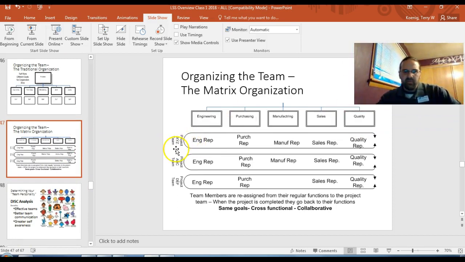So if you have projects XYZ, ABC, DEF, you might want to run these all at the same time and steal 3 engineering reps. Take this engineering rep, then take another one, and take a different one. Or maybe this person's really good and can take 2 of the 3. Whatever works. Cross-functional, though. Make sure you take people from different departments.